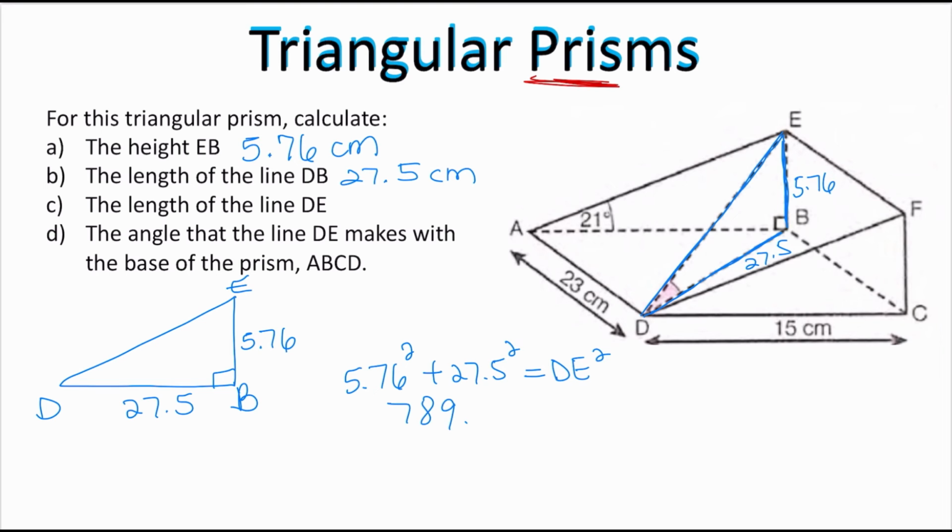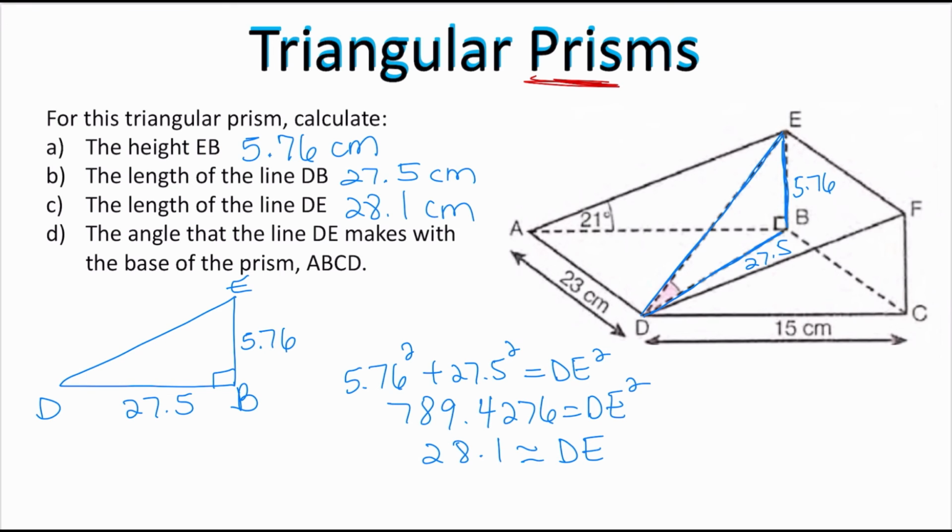That's going to give us 789.4276, which is equal to DE squared. Take the square root of both sides. So about 28.1 is going to be the measurement of DE. So 28.1 centimeters is the measurement of DE.